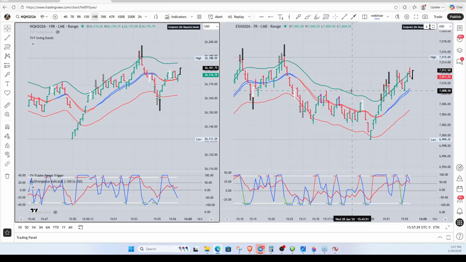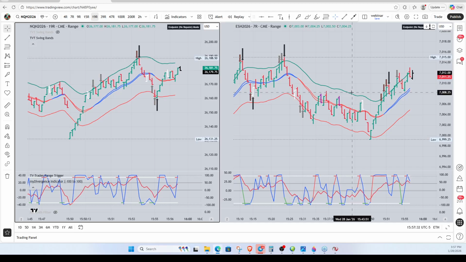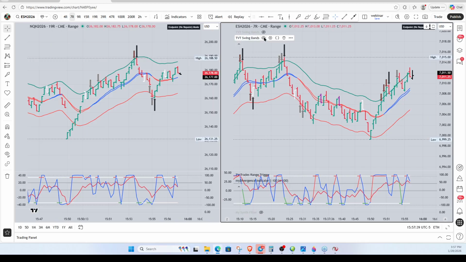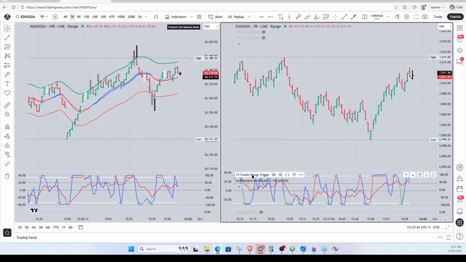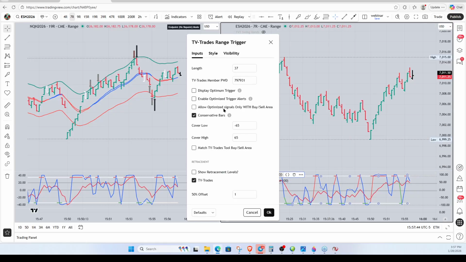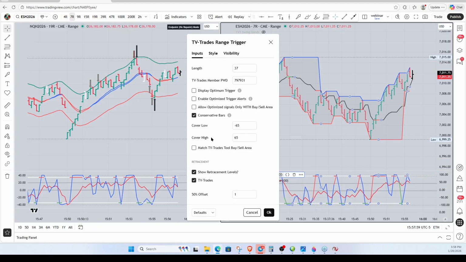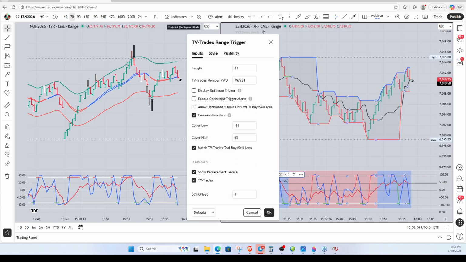Do I use the same indicators for my AM live trading session? No, I don't. I use indicators that you can get in here for the most part. I'll show you what I use. Inside here, I use this. I use it with the background colors in the context. But you have something else that's available to you if you match that and you have TV trades on.